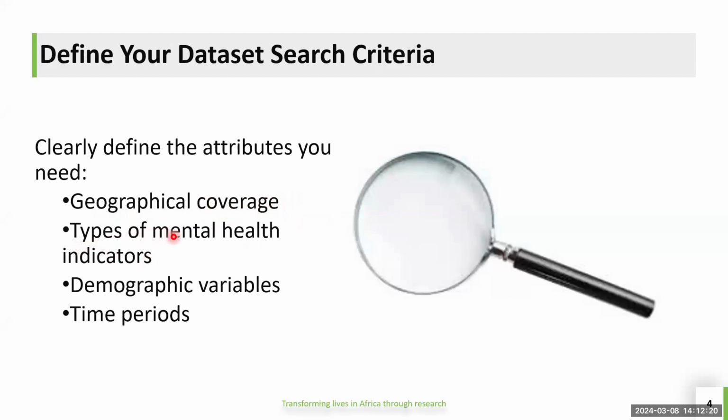And then also mental health in itself is a very broad area. So the particular aspects of mental health that we're interested in, I think it's anxiety, depression, and psychosis. So you want to say what areas within mental health are you interested in, and then you want to also specify the demographics in terms of what age groups are you interested in, the gender of the person, and so on and so forth.